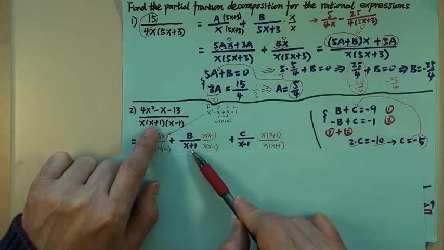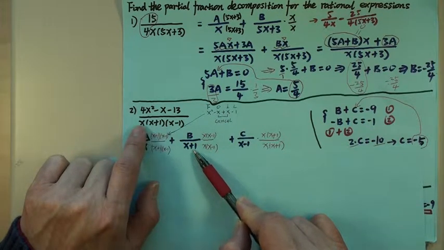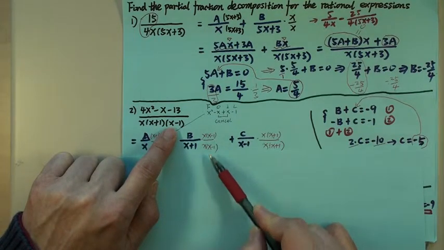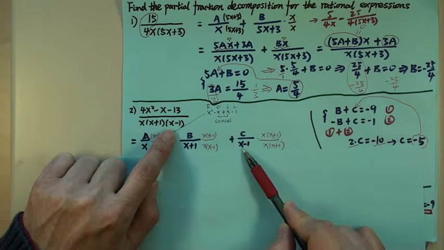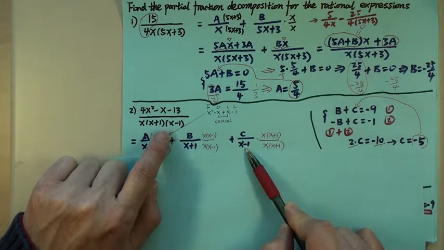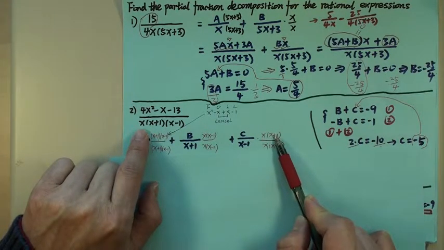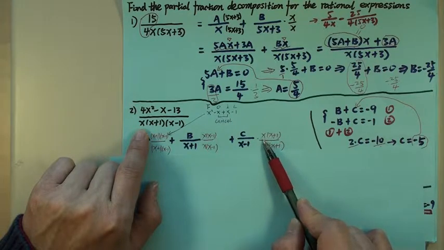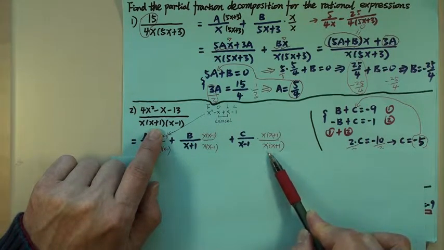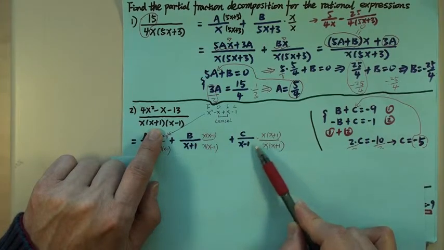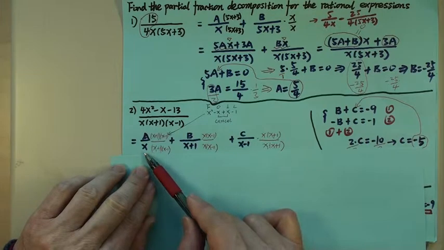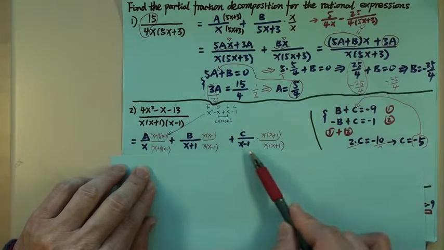This one is from x plus 1, so it needs x and x minus 1 on both numerator and denominator. This one is from x minus 1, so the denominator and numerator need to be multiplied by x times x plus 1. Alright, in this way all the denominators are the same.